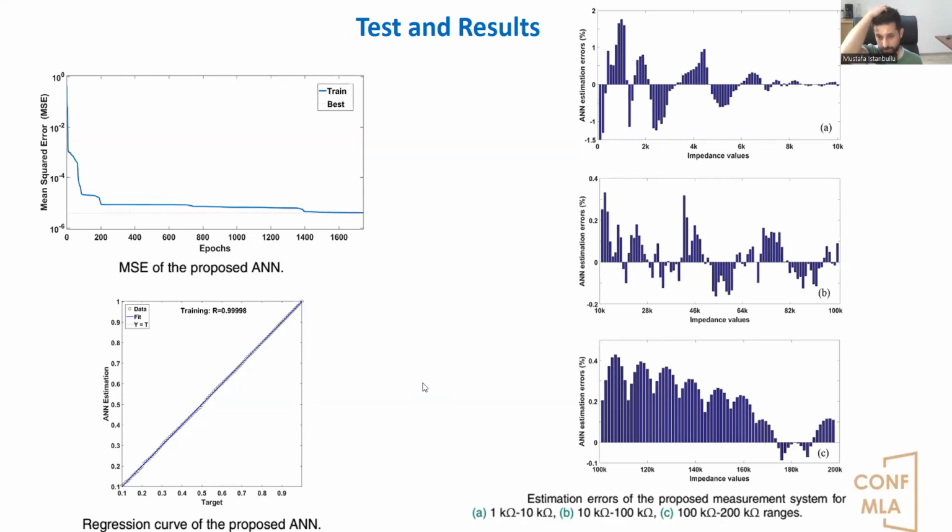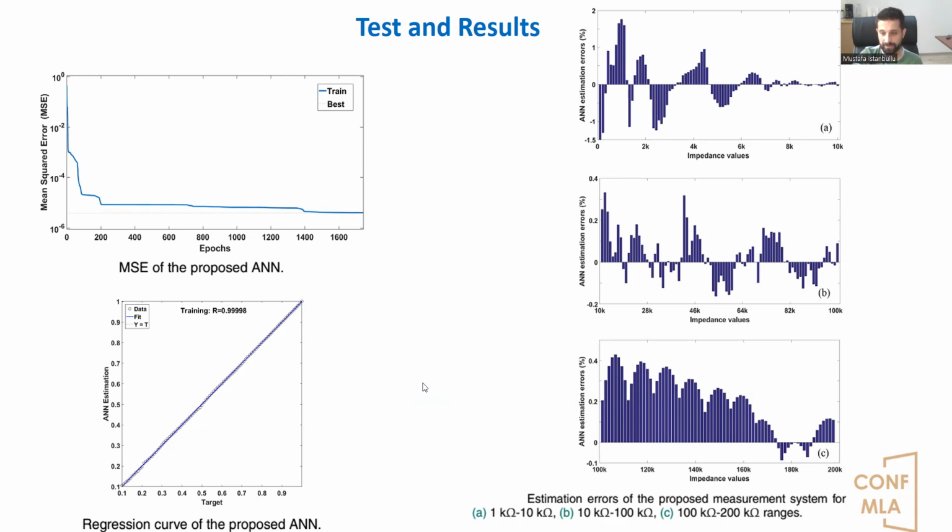In the right-hand side figure, the estimation error percentage of the proposed neural network-based measurement system for each test impedance are shown. The error percentage are given in 3 ranges to simplify the visualization.